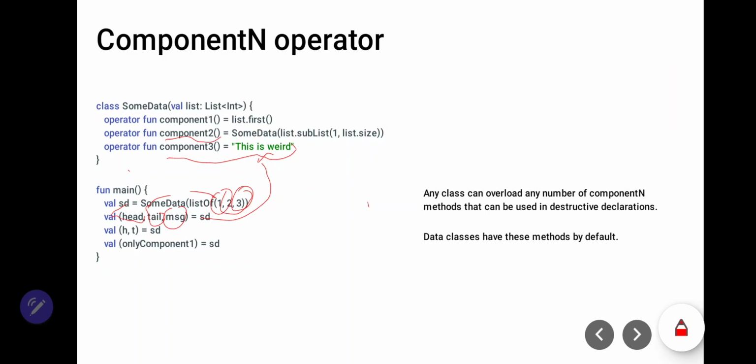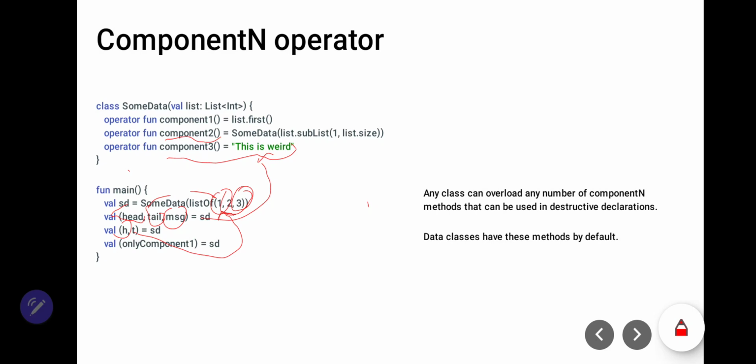How about these two variables? H will include component 1, or number 1, and T will include 2 and 3. And component 3 will not be executed, because in here there are just two variables.